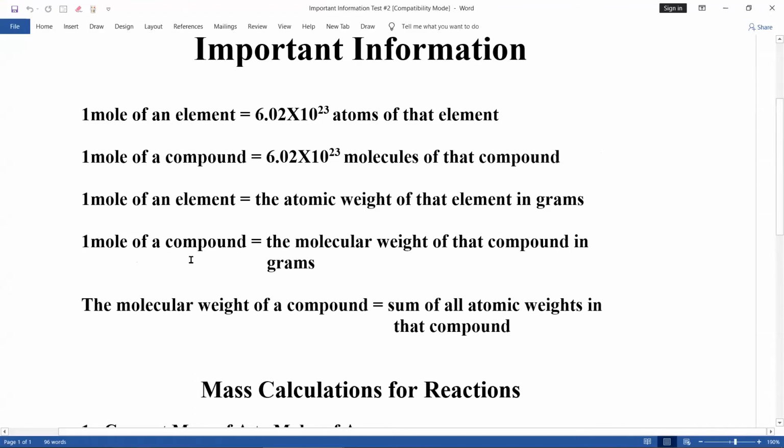1 mole of a compound, this is from important information, test number 2, 1 mole of a compound equals the molecular weight of that compound in grams. So what's the molecular weight of a compound? Oh, look, it even says that in important information. The molecular weight of a compound is the sum of all atomic weights in that compound.